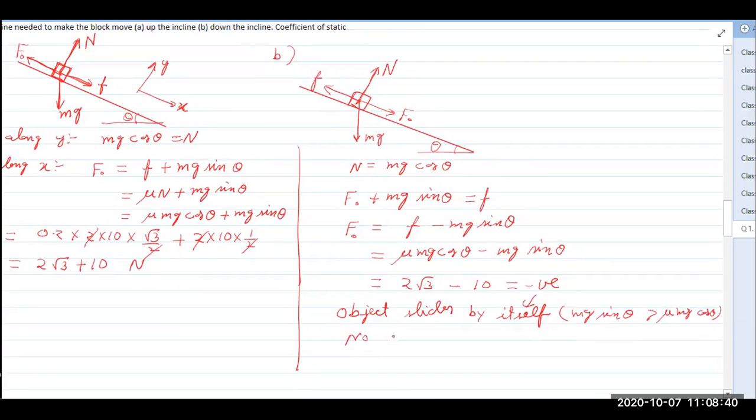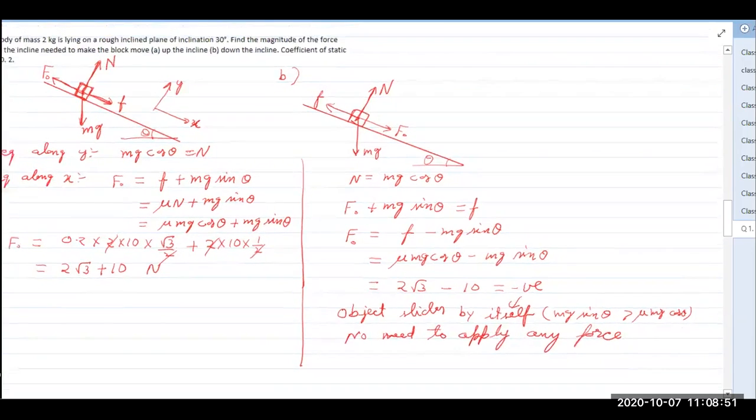No need to apply any force. In this way we can do it.